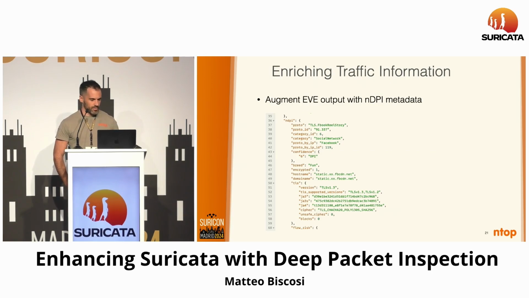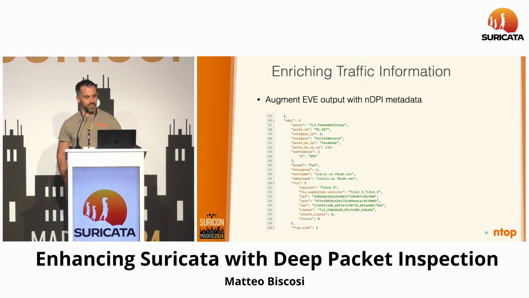So this is an example. This is the Eve output, and at the end we have this nDPI sub-object that contains nDPI metadata. Now, probably this is not the best example, because in this case the main protocol was TLS, which is already supported by Suricata, so most of the information here is already extracted by Suricata, but it's the same for all the other protocols.